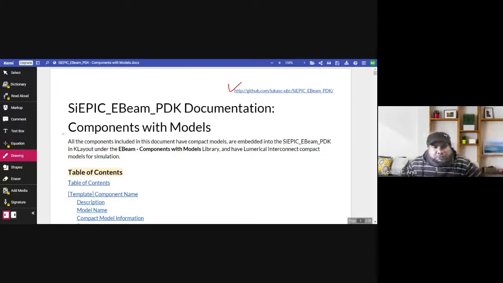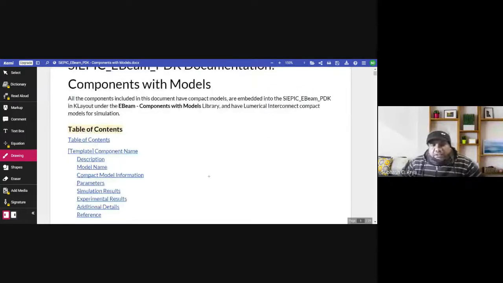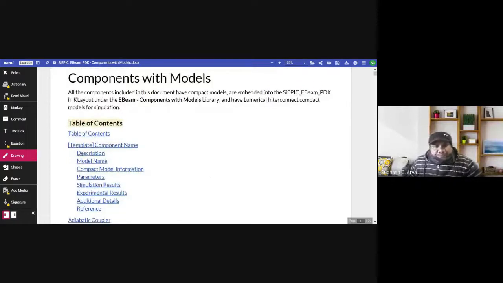So one by one we will take these components, and in a series of this kind of video we are trying to comprehend the components available. So let us begin.